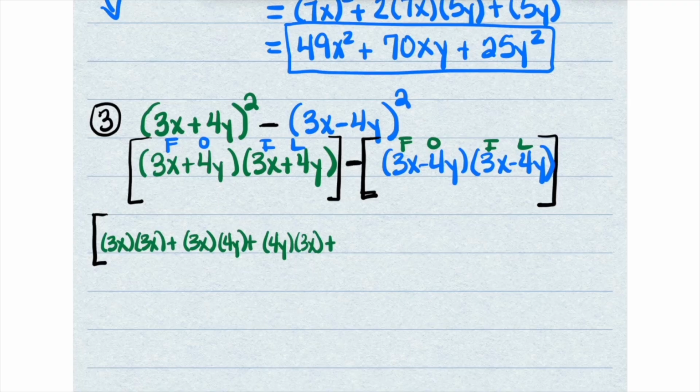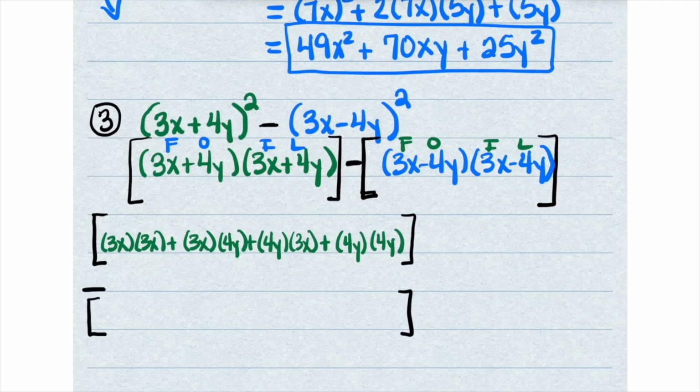And then the last, which is going to be 4y, 4y. Okay, I'm going to do top and bottom just because I'm running out of room. So this is minus. That's the minus sign. And then now let's do this right-hand side.